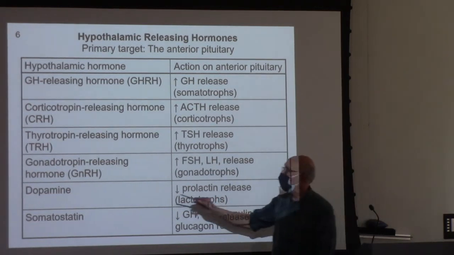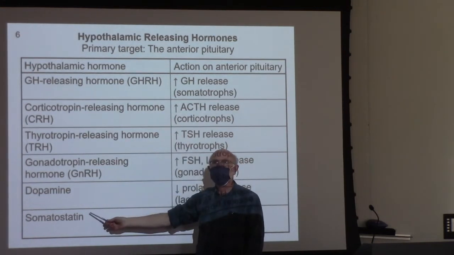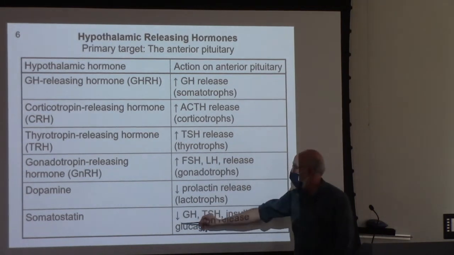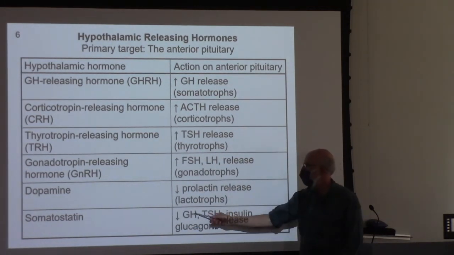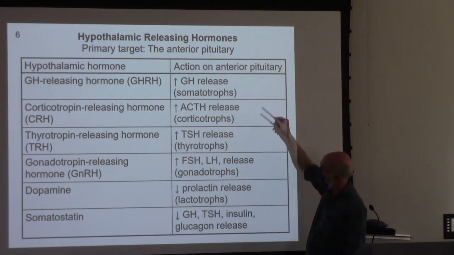Anyway, so now we have another hypothalamic hormone, somatostatin, which inhibits the release of growth hormone and other hormones from the anterior pituitary.